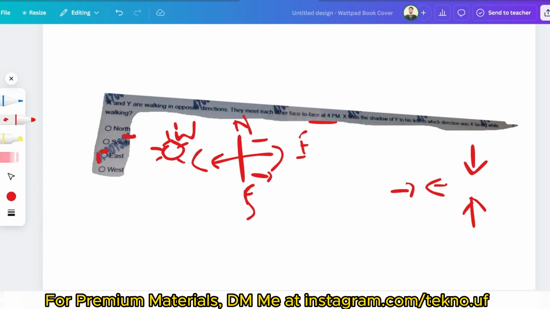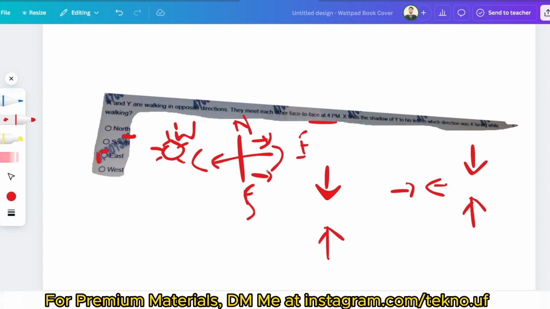And it is also told that the shadow of y is to the left of x. So if the shadow is cast at the east only, that means they are walking face to face from north to south or south to north.